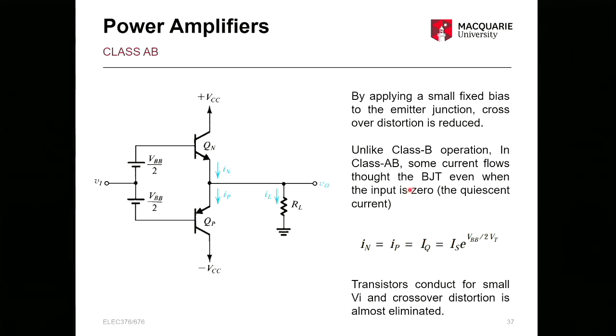So there's always this trade-off between having really high efficiency and low power dissipation under that 0 condition, or having no crossover distortion. Here the transistors conduct for a very small input voltage, and crossover distortion is almost gone completely. So we're going to focus on that one next week and introduce a little bit on C. Class AB will be a bit more complicated because we can talk about the different ways you bias it and what that means.